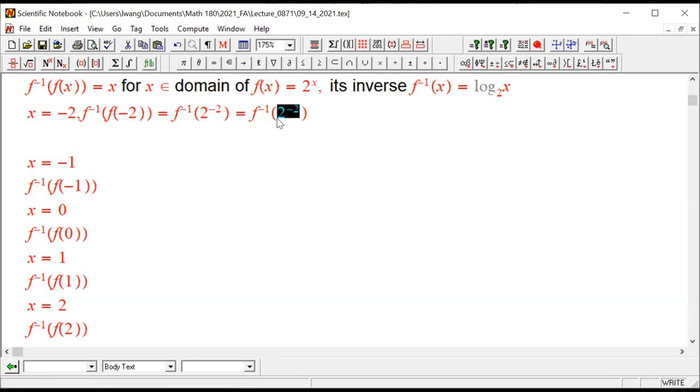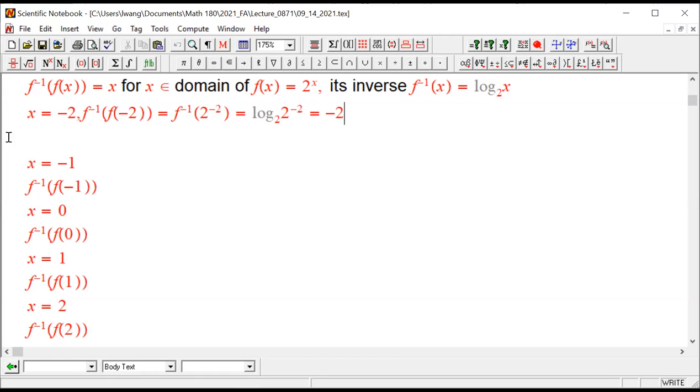So this is 1/4, and you can keep it like that. Then this number is plugged in here, so you end up with log base 2 of 2 to the power -2. And the answer is -2.